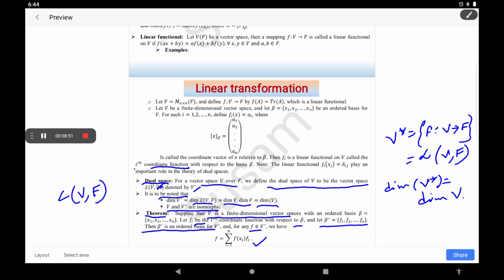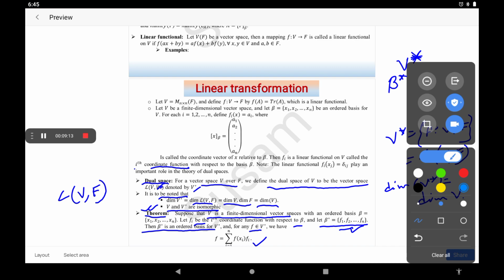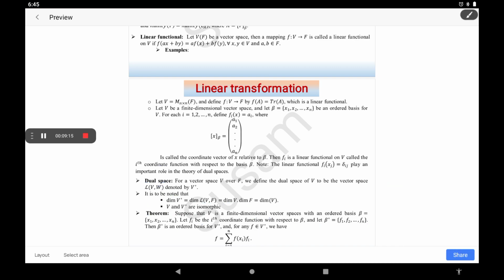So you have a vector space V star that is called the dual space. From this theorem, you are getting the basis of V star, which depends on the basis of the vector space V. The ith coordinate functions f_i form beta star, an ordered basis for V star, and any f in V star can be written like this.